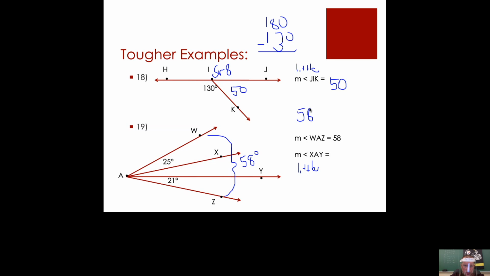You know altogether it's got to be 58. And you need to take away 25 and take away 21. That leaves you with 12. You can always double check your work. 25 plus 12 plus 21 gives you that 58.